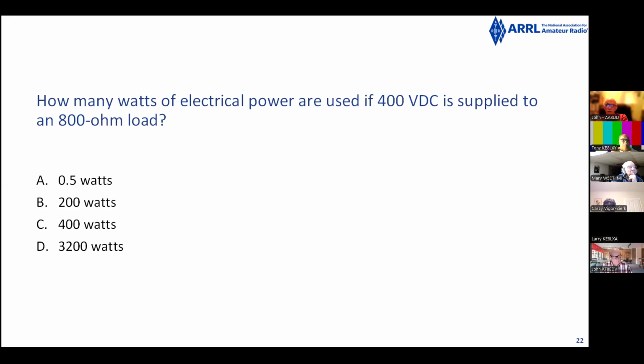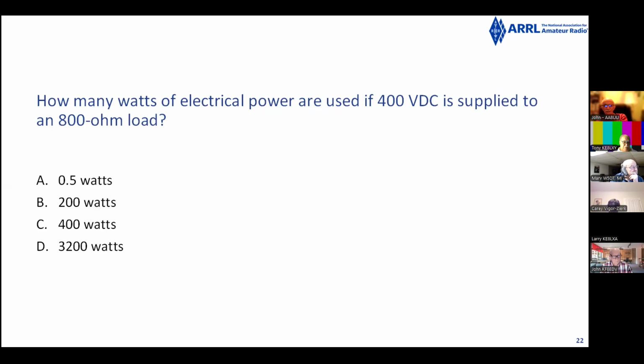Here you take 400 and square it, which is 16 with 4 zeros behind it, and then divide by 800. So 16 divided by 8 is 400 watts.